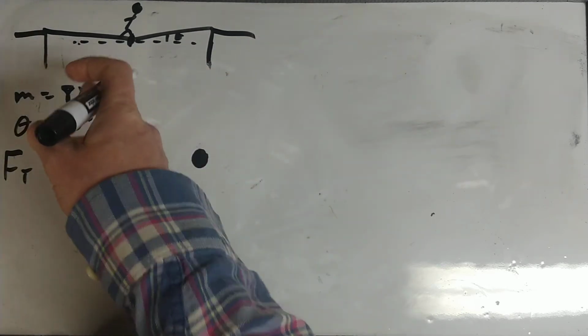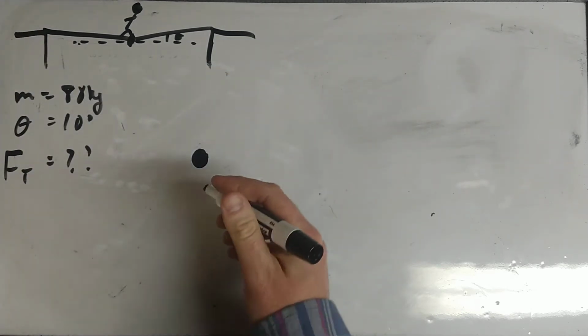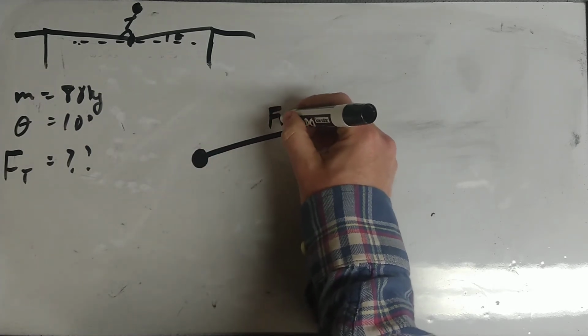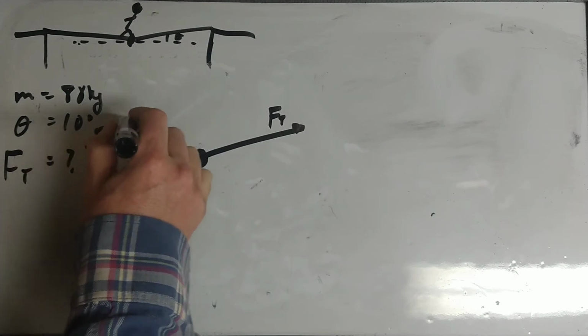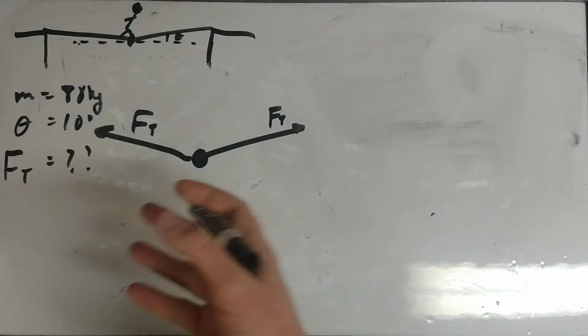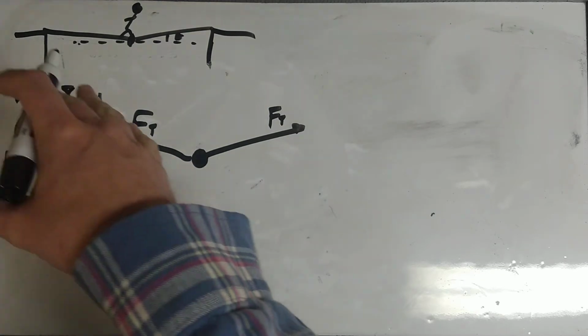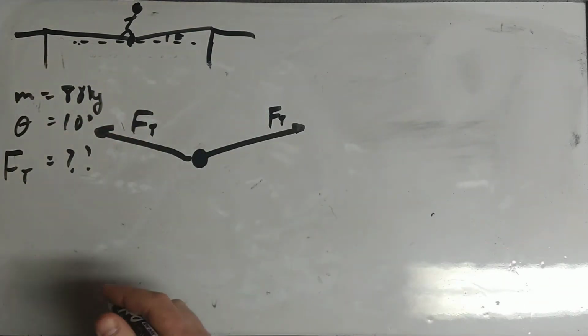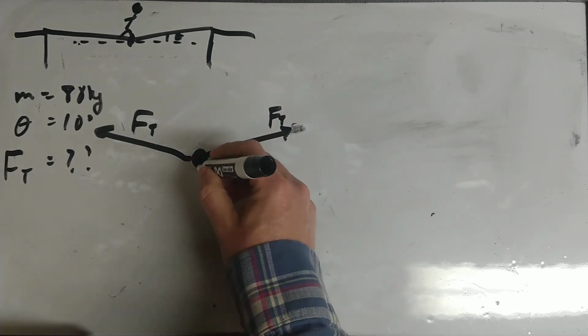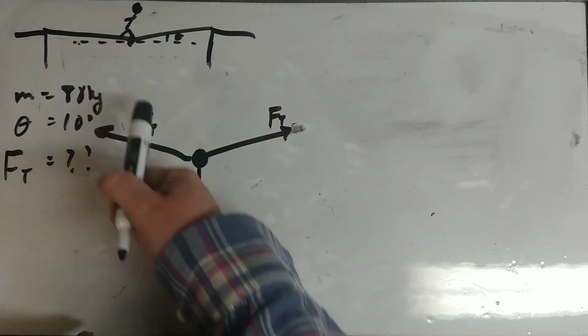So that central point in the rope, right below this person's foot, has a few forces acting on it. It's got an FT going this way, FT going that way. And if it's one rope and it's being bent, then the tension is always uniform in that rope. So these should be the same tension forces. And then there's the weight of the person pushing down on it.